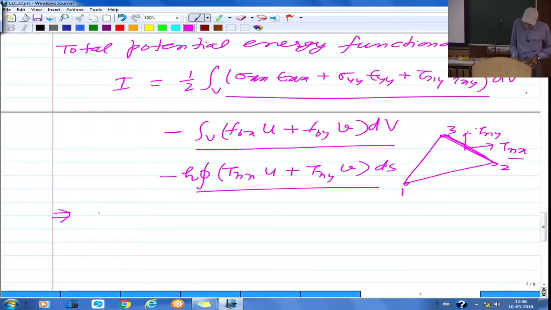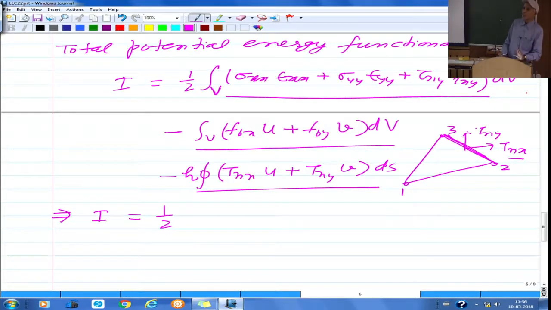What we can do is write this in terms of matrix vector products. The first term, the volume integral, we can split, because we are assuming that nothing changes along the thickness direction. So the volume integral can be written as h dx dy.